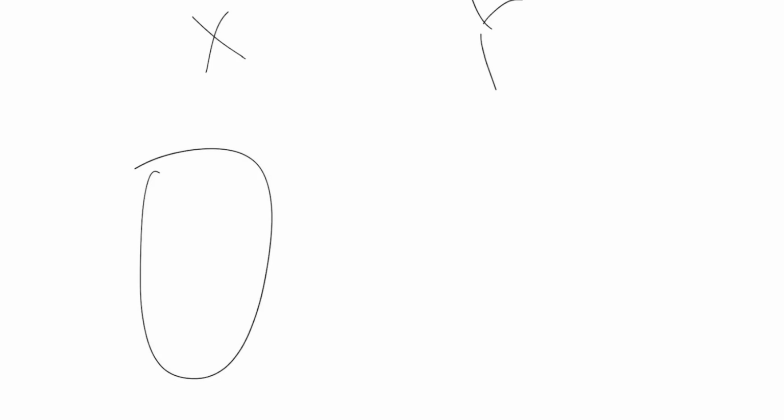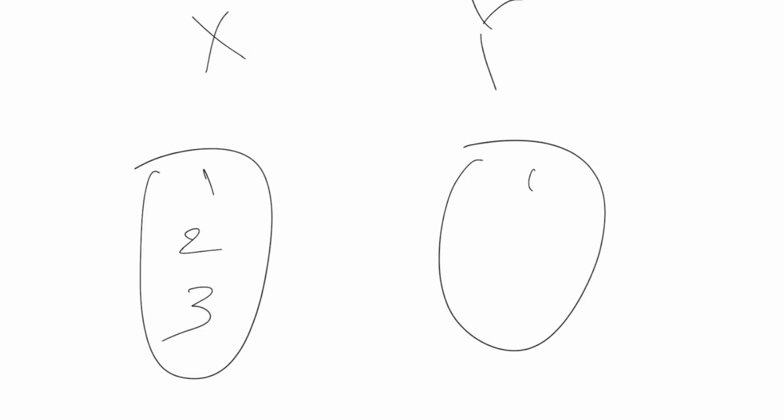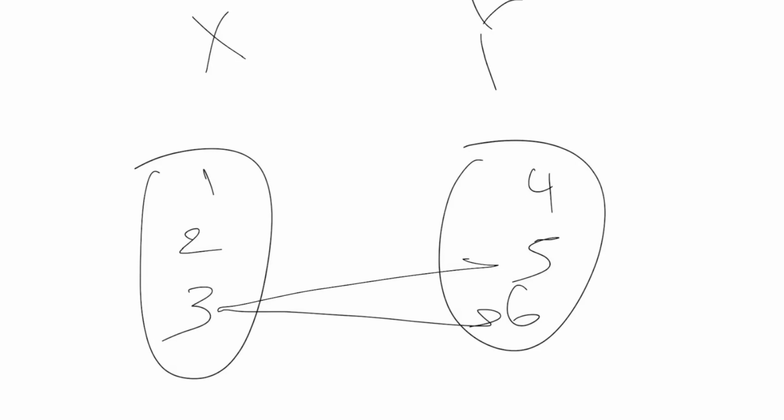Now, what if we had instead here a function or a relation? Let's see if it is a function. 1, 2, 3, 4, 5. Let's say we had 6. Let's say we had 3 to 6, 3 to 5, and 1 to 4.